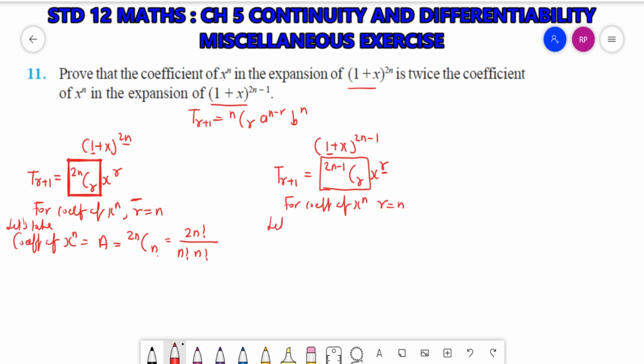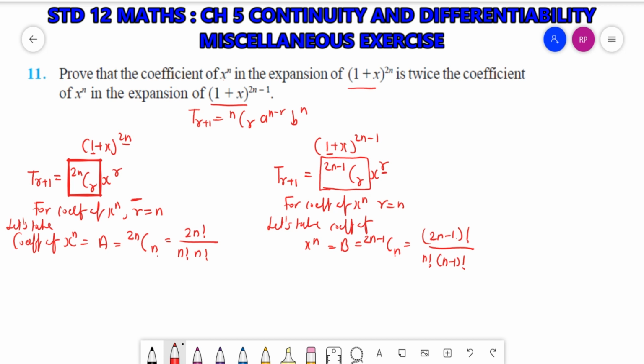Now let's take the coefficient of x^n here equal to b. So this will be equal to (2n-1)Cn, that is (2n-1) factorial upon n factorial into (2n-1-n) factorial.